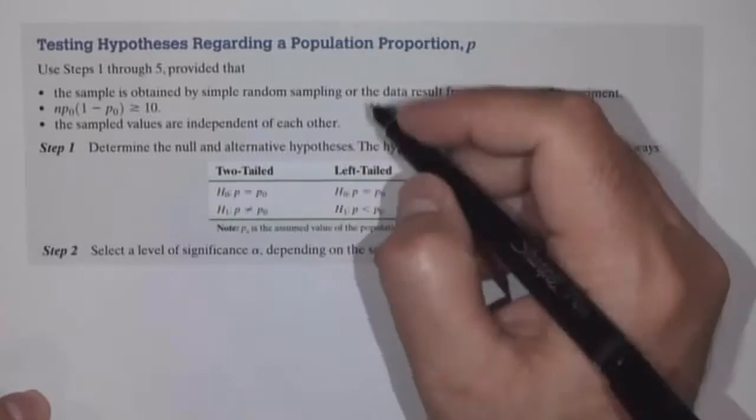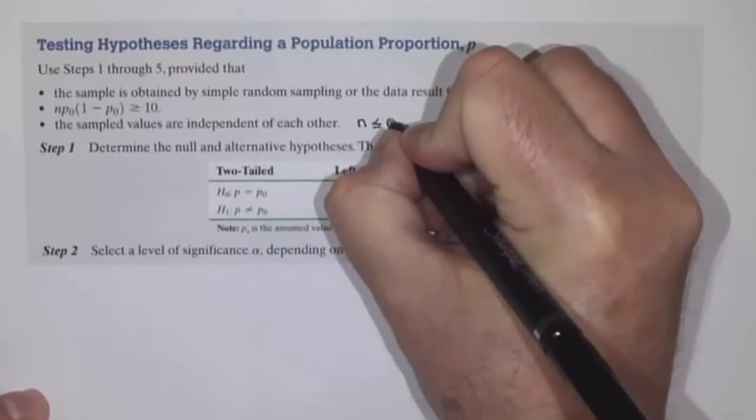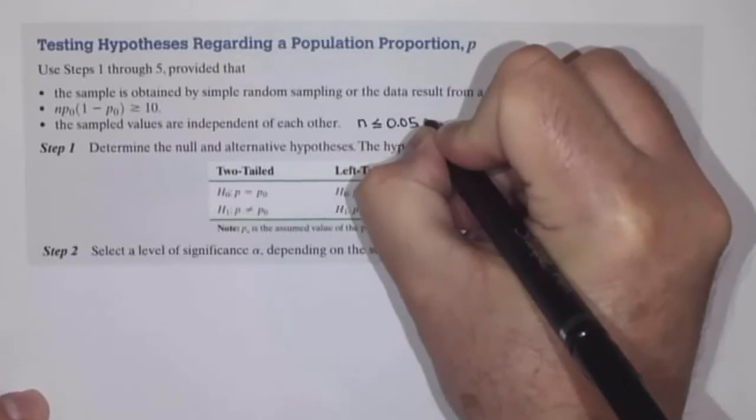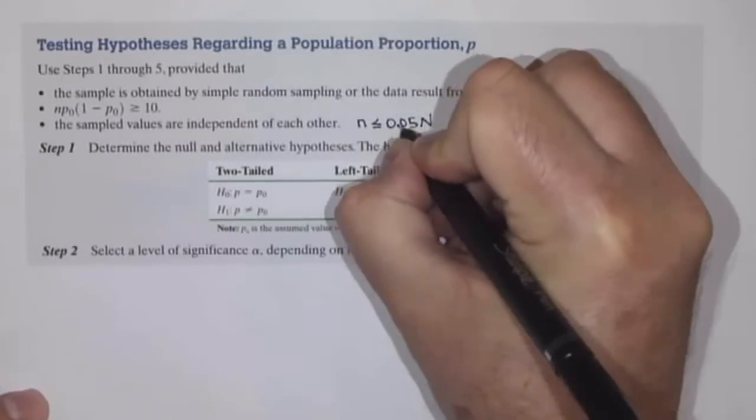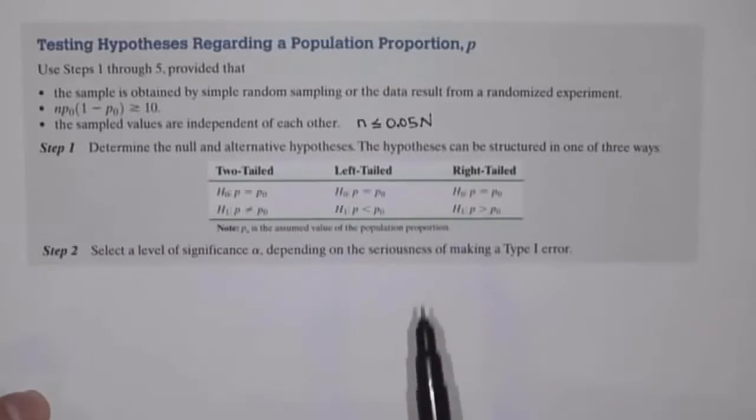Again, the way we're going to generally verify that is that n has to be less than 0.05 times capital N, the size of the population. So that's going to be how we verify that third bullet.